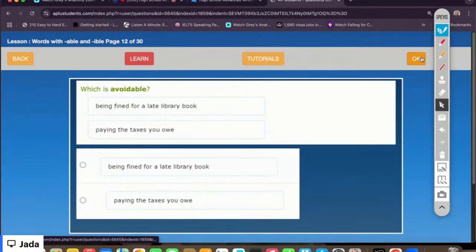Okay. So which is avoidable? Being fined for a late library book or paying the taxes you owe?